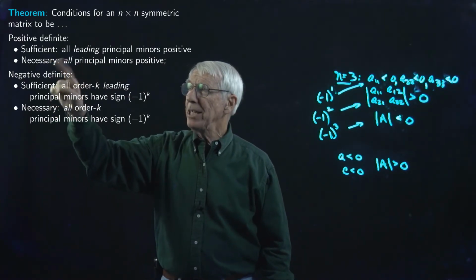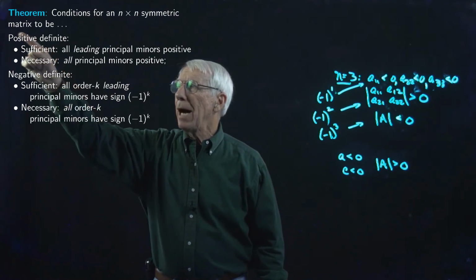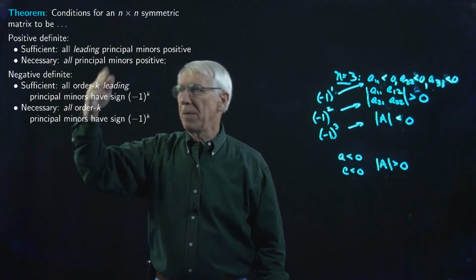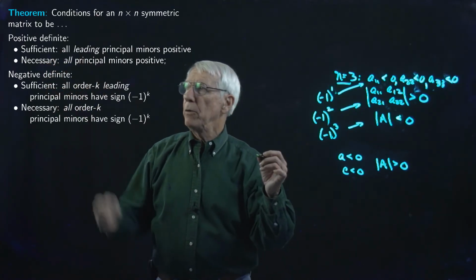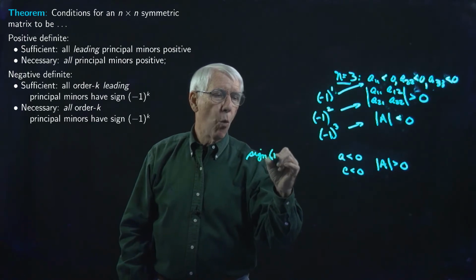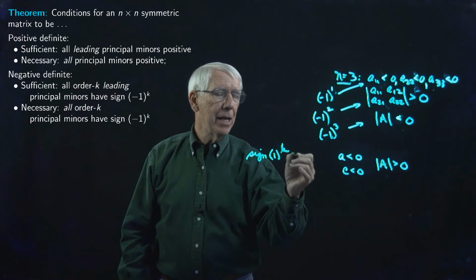cases. And by the way, just let me add as an aside, we could have expressed the positive definite in terms of the sign being something to the k, but then we would say the sign would have to be the sign of 1 to the k, not -1 to the k, is positive.